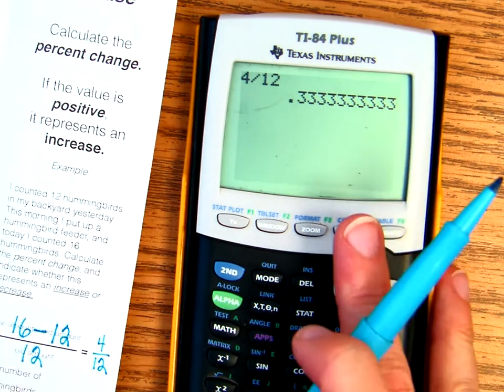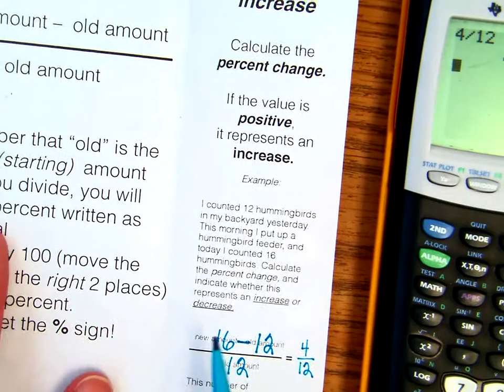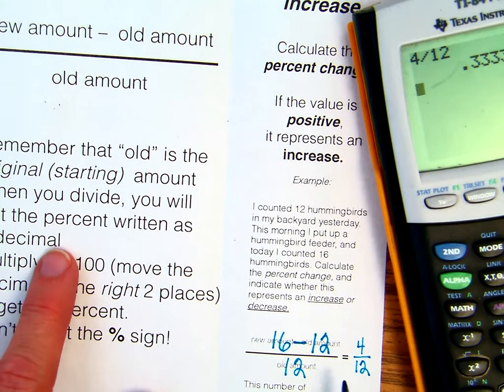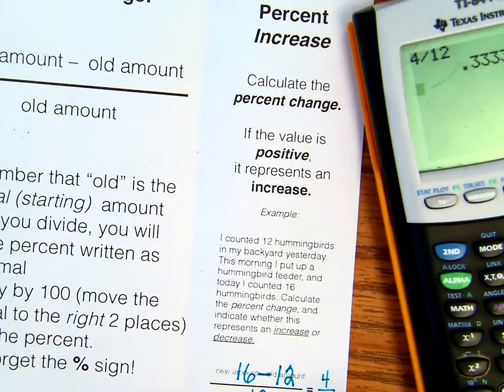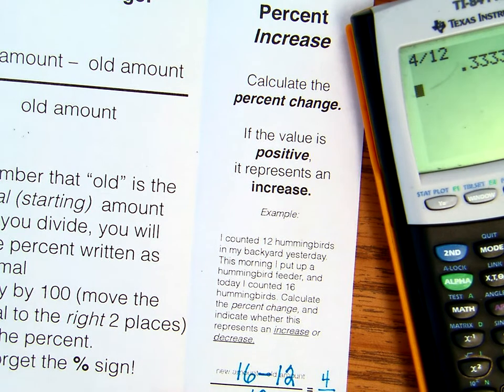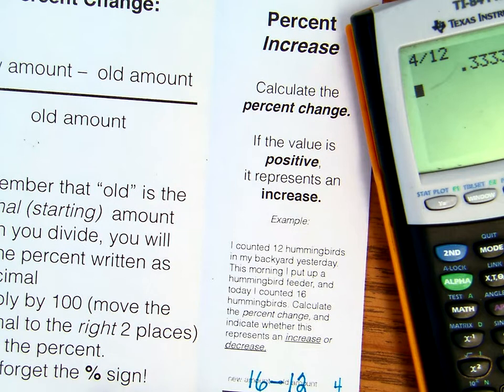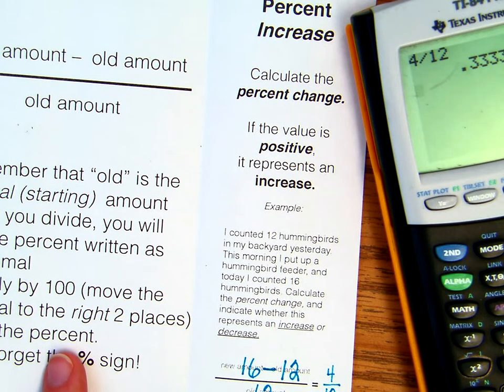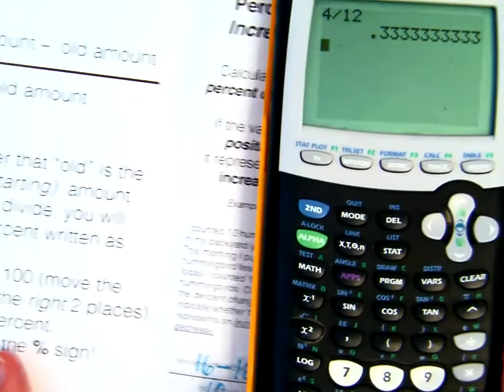Looking back at the foldable in the center, it says when you divide, you'll get the percent written as a decimal. So that equals 0.333, and those 3's keep going on and on forever. We're going to multiply by 100 to get the percent not written as a decimal. So we're going to take that 0.333 repeating and multiply by 100.